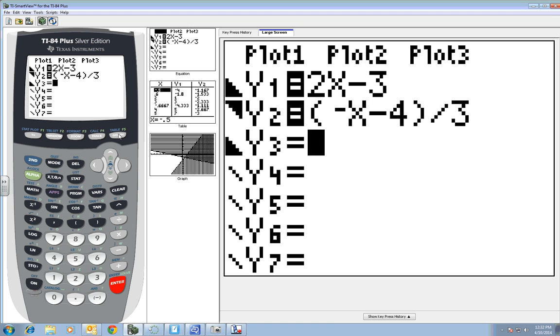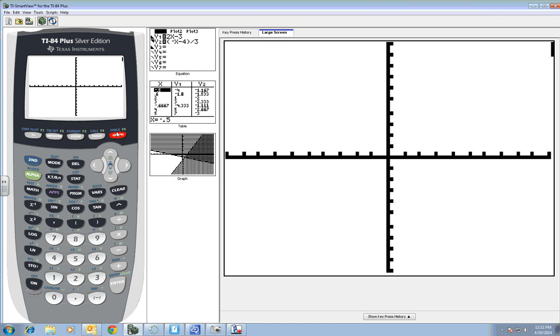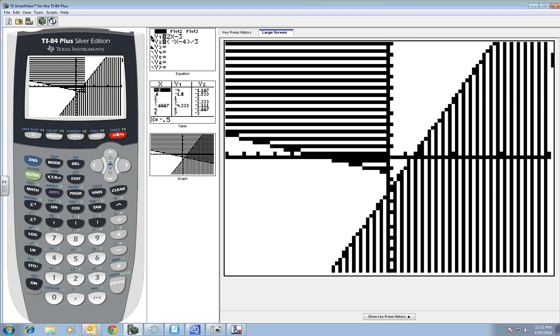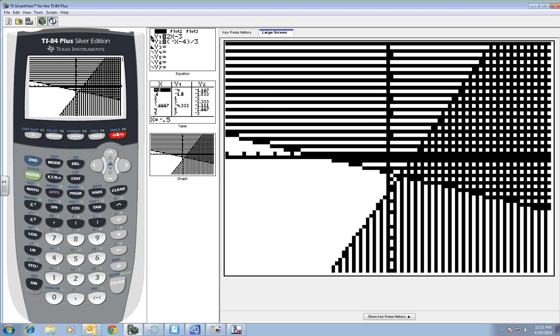Okay, I'm going to graph it. And I want to know, where do my two shaded regions overlap in what quadrants? Okay, 1. This is quadrant 1. This is quadrant 4. So 1 and 4.